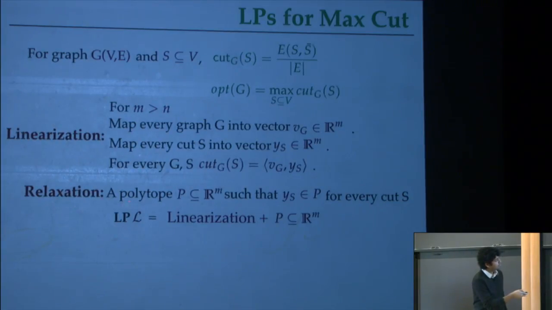We generalize that here: I can add any linear constraint that is valid for the y's obtained from every possible cut S. Whatever is valid for all true solutions, which is the space of all cuts, I take the linearization, and I can add any set of linear inequalities that are valid for all the linearized versions of the cuts. Basically my LP is then defined by this linearization, the choice of maps of graphs and cuts into vectors, and the polytope P that I chose to constrain the y vectors in.